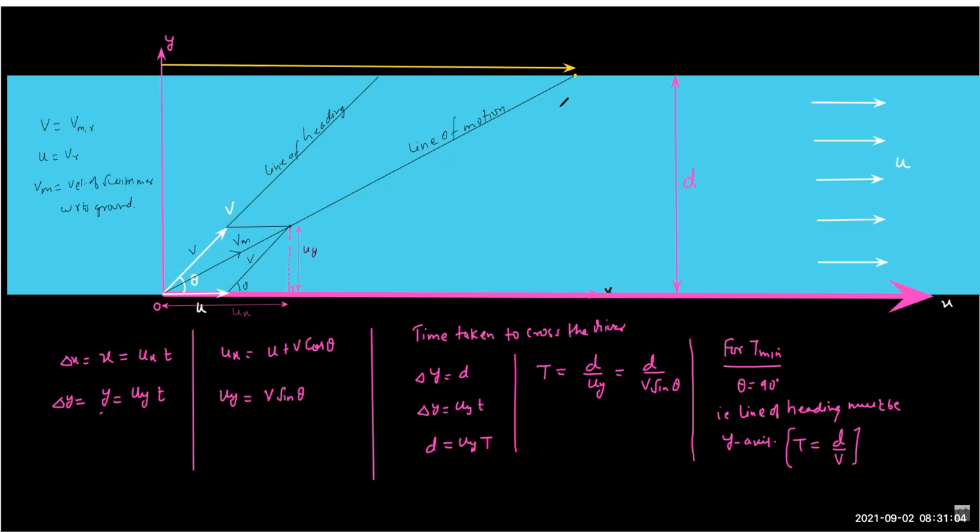This is called the x displacement, or displacement in the direction of flow, and this term we call drift. So you have been drifted away, partly due to the flow and partly due to your own velocity component.